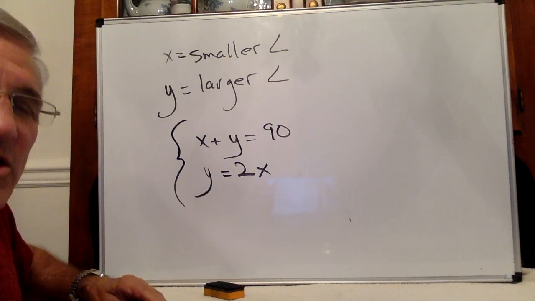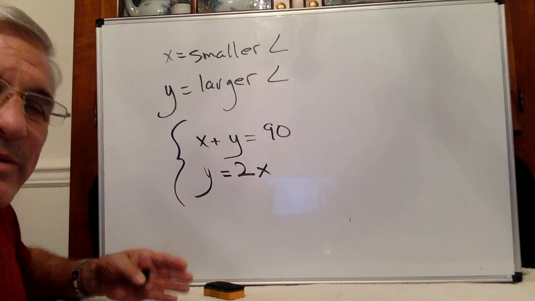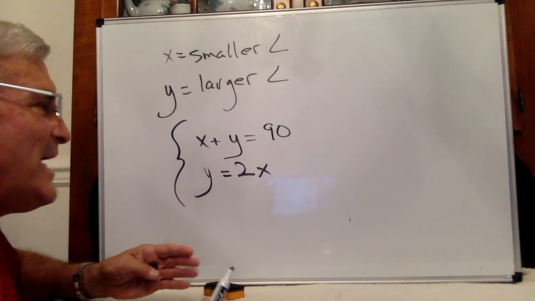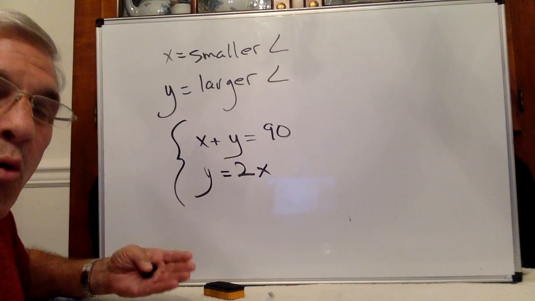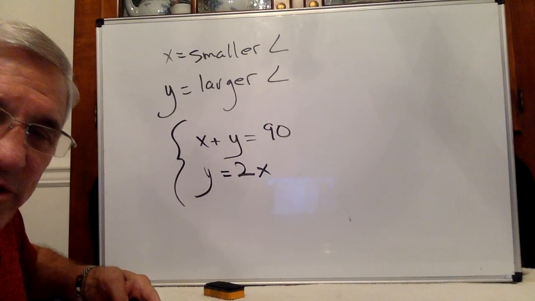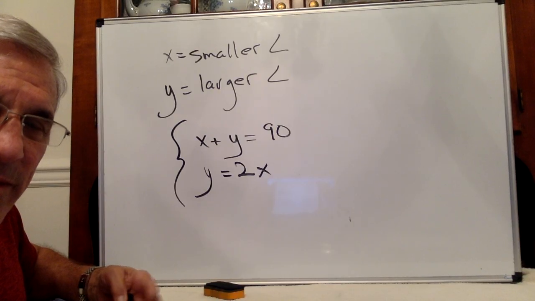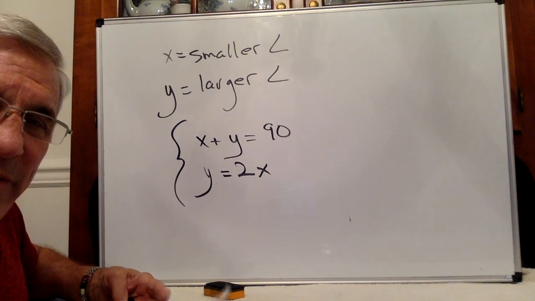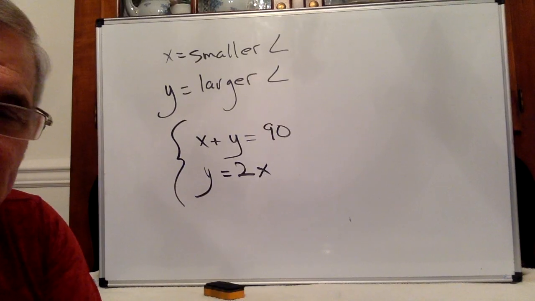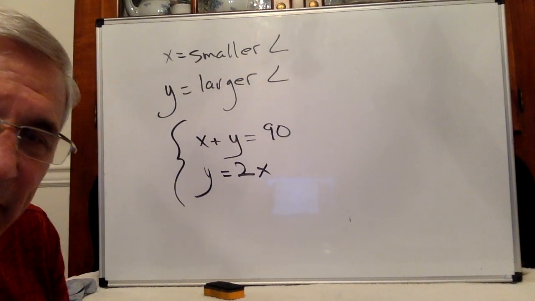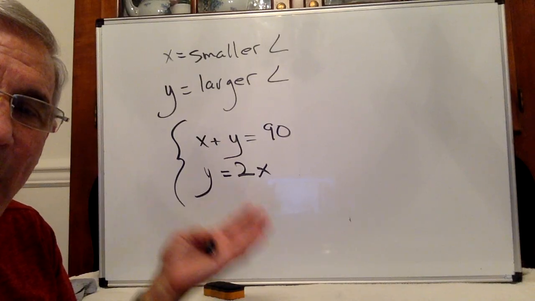You can do it by addition, subtraction, or by substitution. Addition, subtraction, you want to add or subtract the two equations or multiples of the two equations from one another to try to eliminate a variable, eliminate one of the two letters. Or you can use substitution. Take one equation and solve it for one of the letters and plug that value back in the other equation.